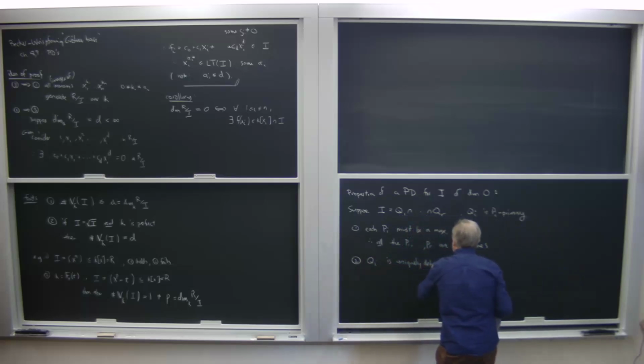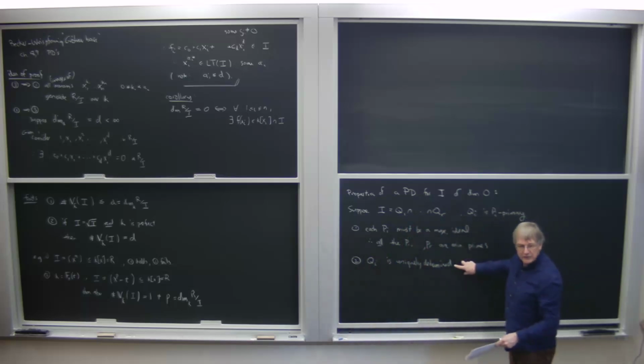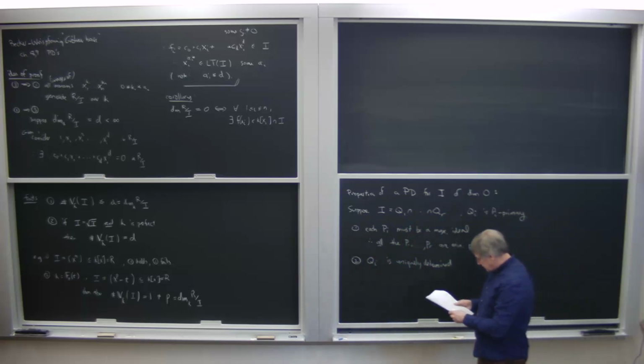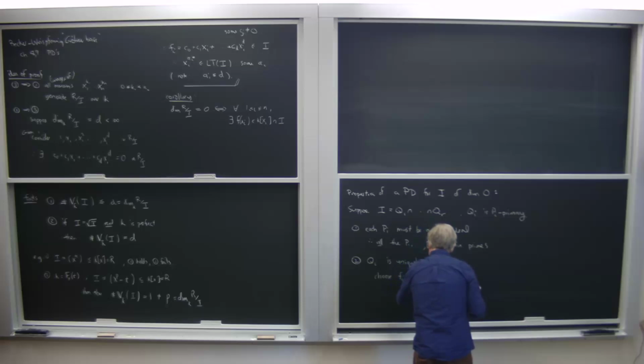I think we already showed this, but let's just do it again, since I'm not sure if I just said it or we actually did it. But here, what does this mean? What I want to do is choose Fi to be in the intersection over all j not equal to i of Qj.